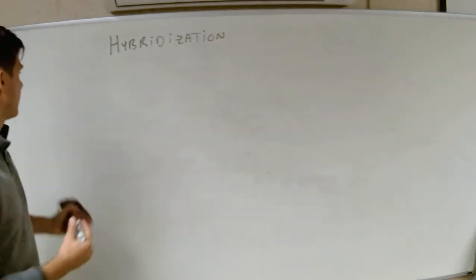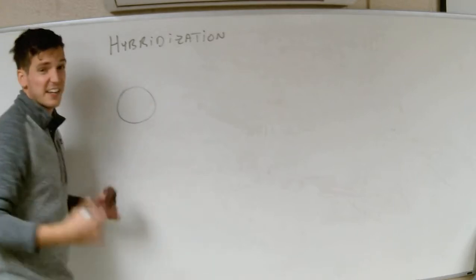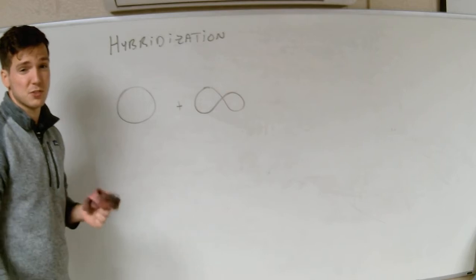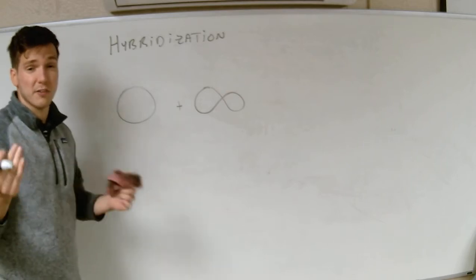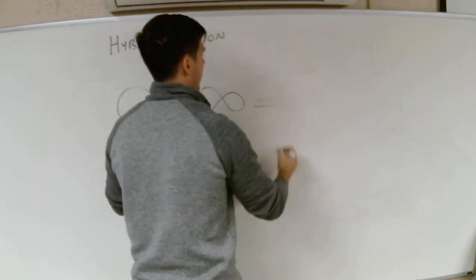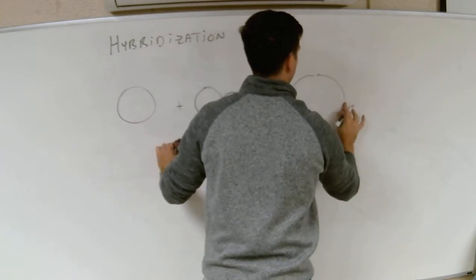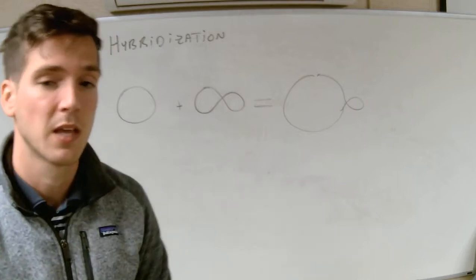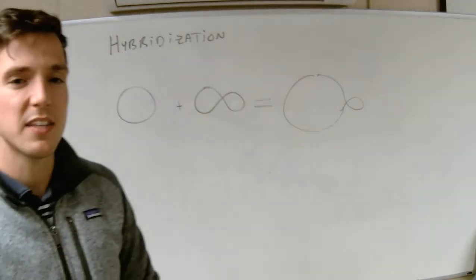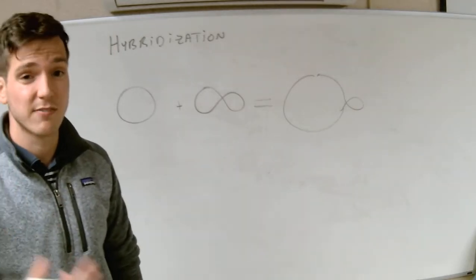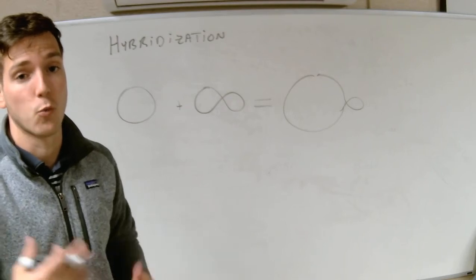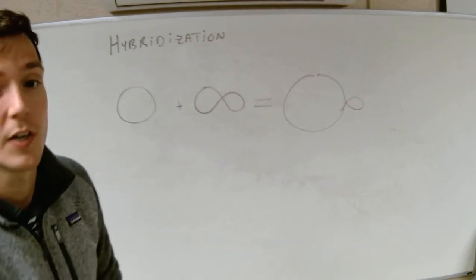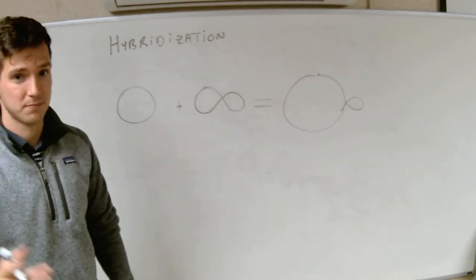So it's like taking an s orbital and mixing it with a p orbital, which looks like a dumbbell or a figure 8, and they will just make a weird looking orbital like that. That's hybridization. And the main thing you have to do is identify the type of hybridization around a central atom.